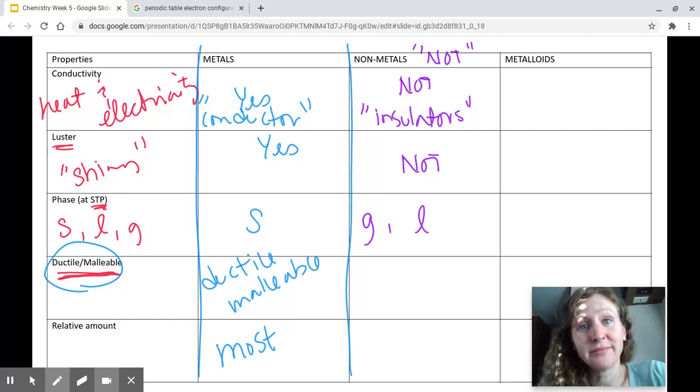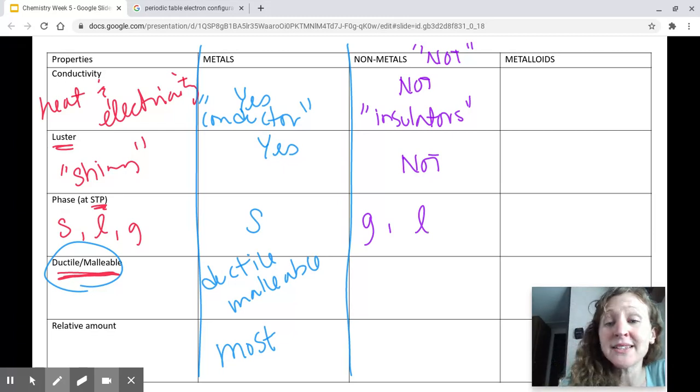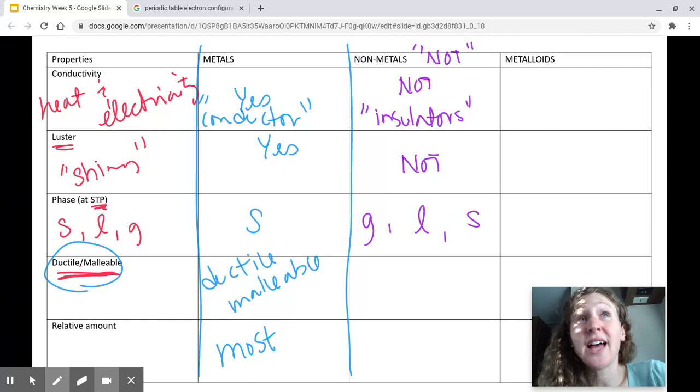Elemental bromine is a liquid at STP. And some of them are solids, like lots of forms of carbon, phosphorus, sulfur in their elemental forms, even iodine in its elemental form is going to be a solid. And so we see a much bigger variety of nonmetals.